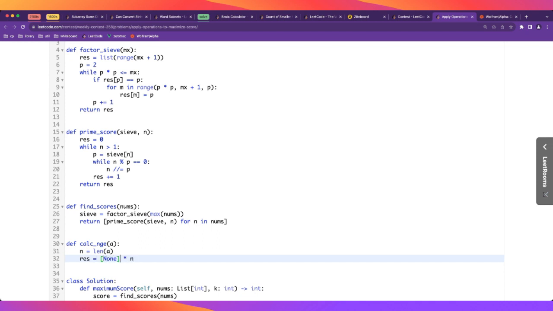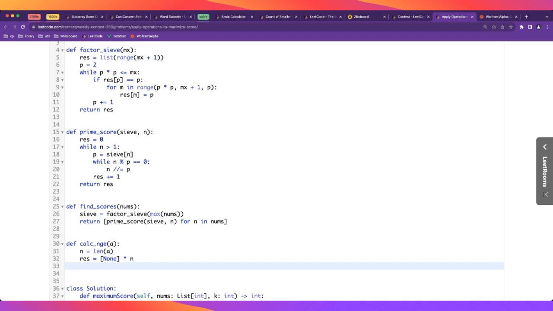And we are going to return the next greater element for every element in the array, where the next greater element is going to be the index of the next greater element. And if there is none, we're going to return n, which is a position right after the last index in the array. And this is going to be handy for edge cases.